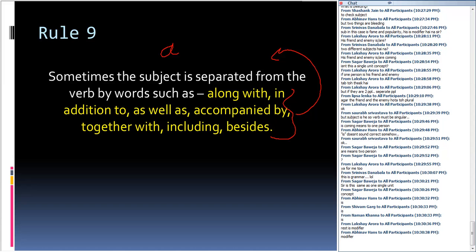It's called additives. इनको additives कहते हैं. Additives का मतलब है ये extra information add करते हैं, मतलब ये modifiers introduce करते हैं. Very simple. Which means that if there is a phrase that starts with any of these words, then you need to ignore them.